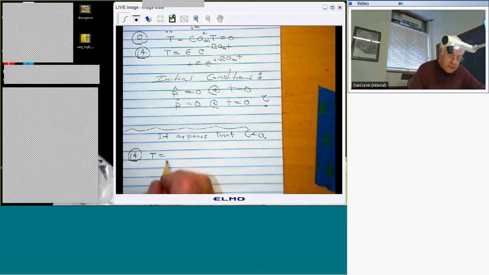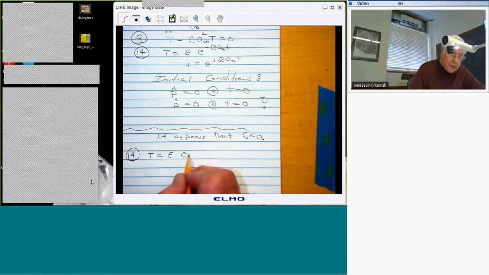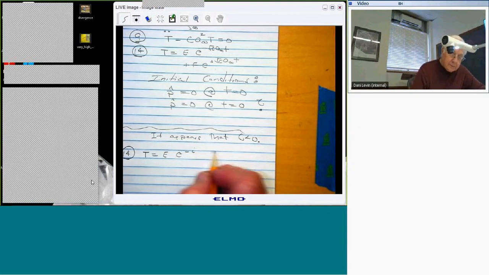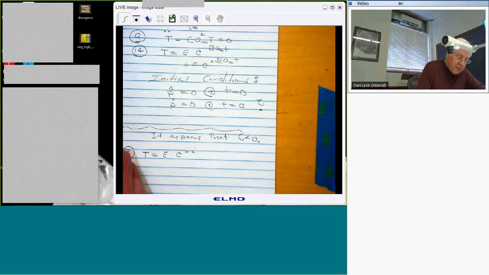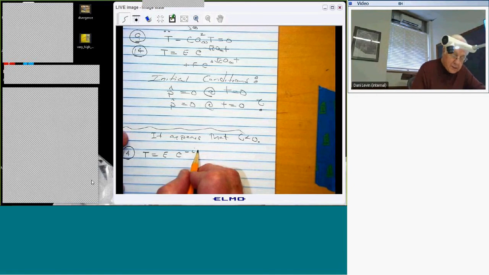E to the minus I, I'm going to define now C as minus C star, square root of C star A infinity T plus F e to the plus I square root of C star A infinity T.